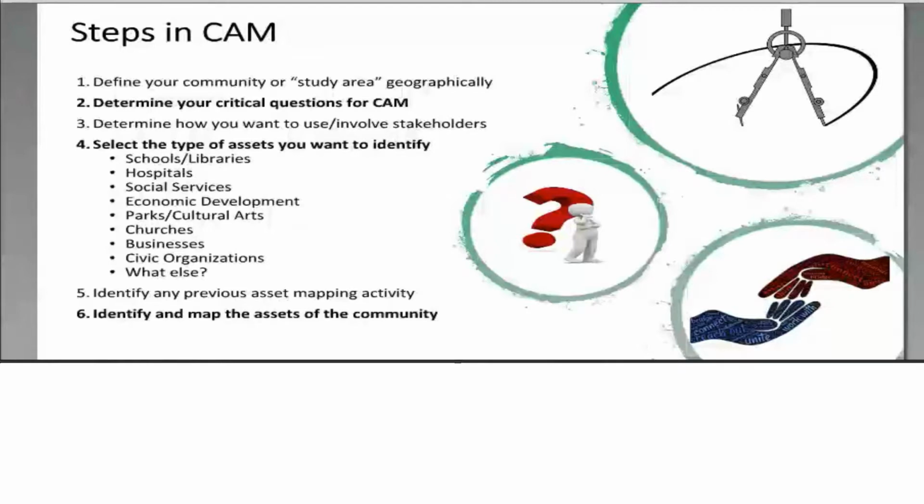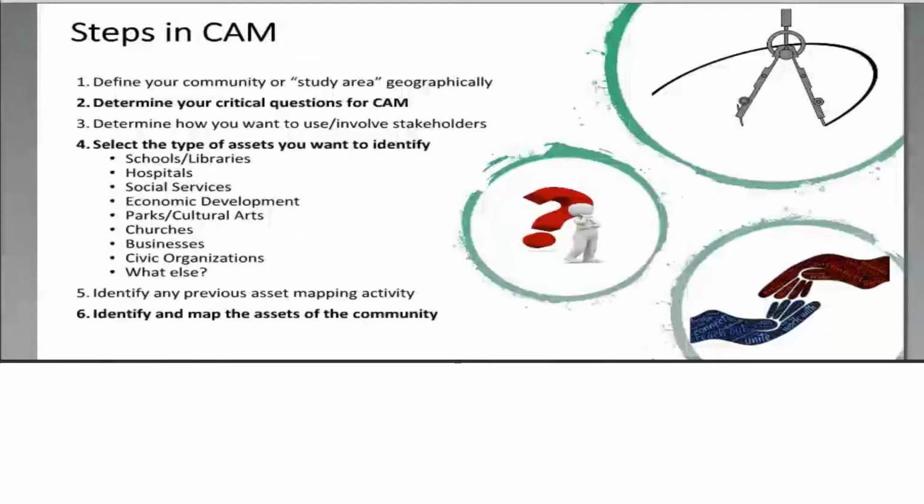And then step 4, selecting the types of assets that you want to identify. I've listed these here that are most common, but there are other types that you might want to look at. And then you will want to identify if you've done anything like this before so that you can leverage that work to not be starting with nothing in hand.